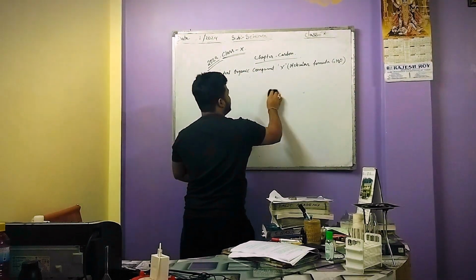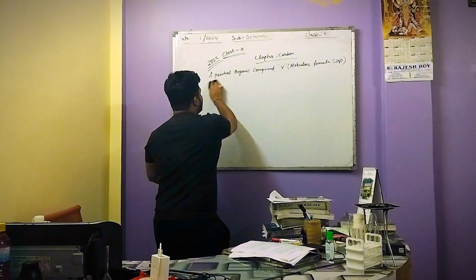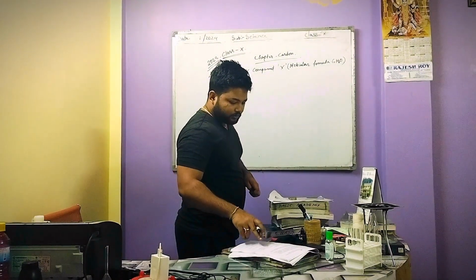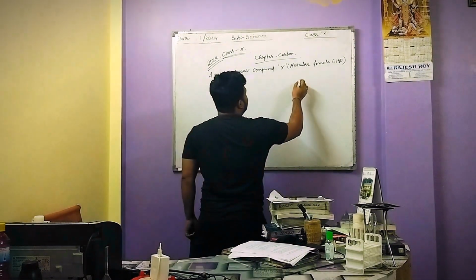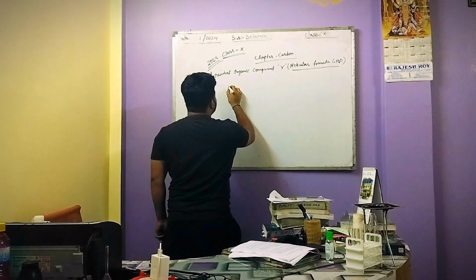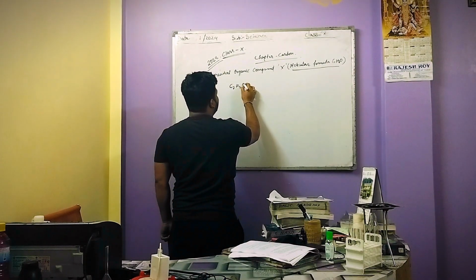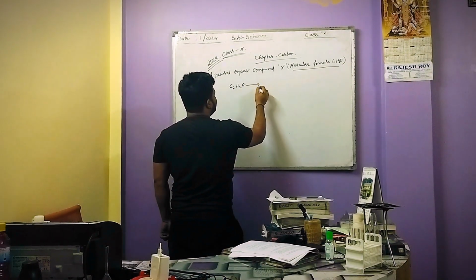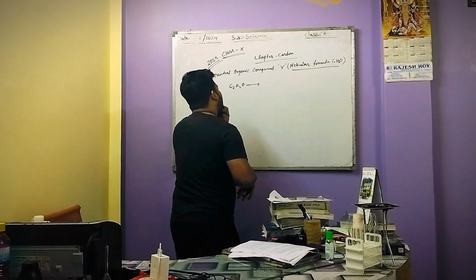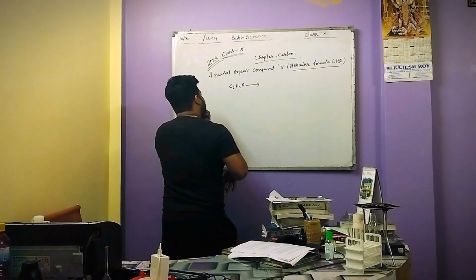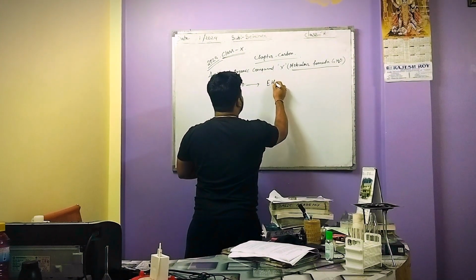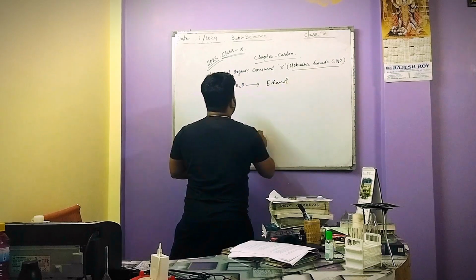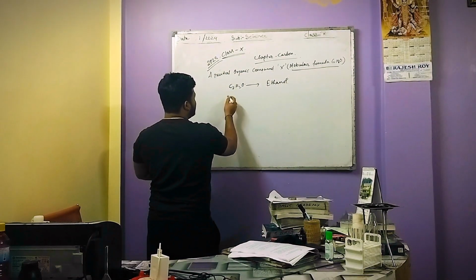First of all, let's start from here. The neutral organic compound X whose molecular formula is C2H6O. As we all know, this is an alcohol group. Its name is ethanol. Let's see the structure of ethanol.